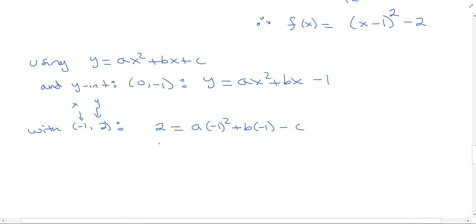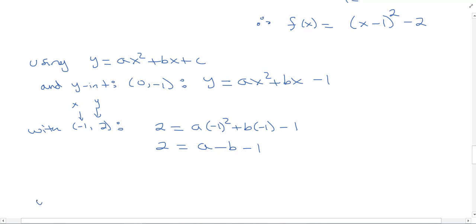And then solve that. So I have 2, negative 1 squared is just 1, so I have a minus b minus 1. Sorry, I wrote a c there. That should be a 1. And add 1 to both sides, or just leave it. If you wanted to, you could just have a minus b alone.